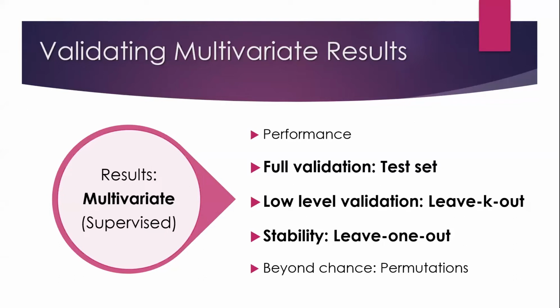And if I keep on doing it, leaving out one case at a time, how much does my result fluctuate? If it fluctuates too much, my model is unstable. There's instability in the model. And that makes it invalid, sorry to say. If you've got a larger sample size, it's better to leave K out. So instead of leaving one out, you decide you want to leave 5 out or 10 out and so forth.